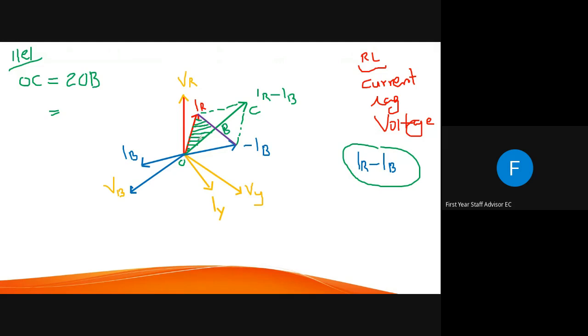And again, the angle between these two lines is the same. It is 30 degree. We have seen yesterday. How was it 30 degree? Because this IB will exactly divide VR and VY by 60 and 60. And then again the central line will divide this into 30. So this angle will be 30.